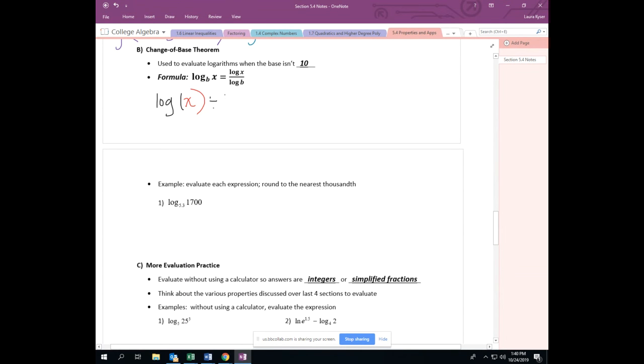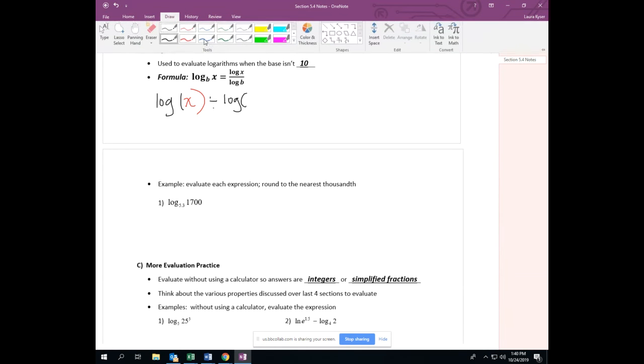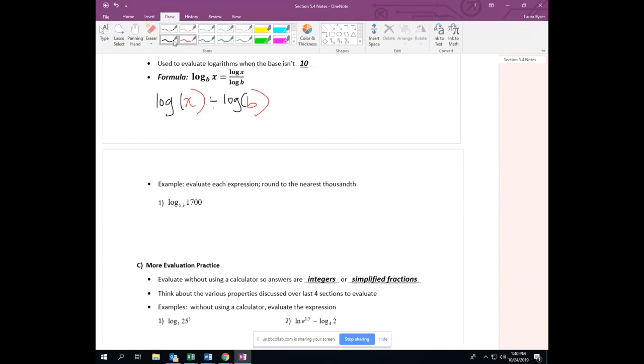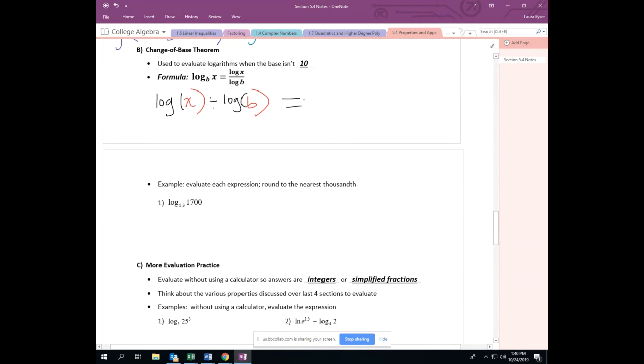Again, it pops up a parenthesis. You type in the base of the logarithm and close the parenthesis. It is very important to close the parentheses before you hit equals. That way, the calculator will do the appropriate order of operations. Because if it doesn't do the appropriate order, you will not get the correct answer every single time.